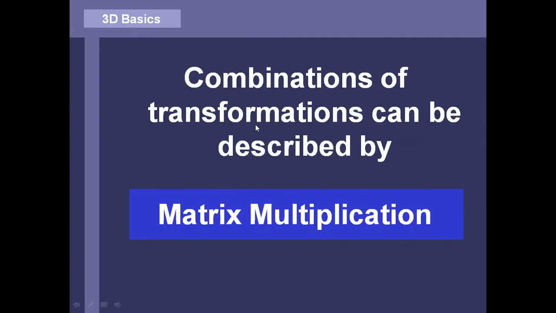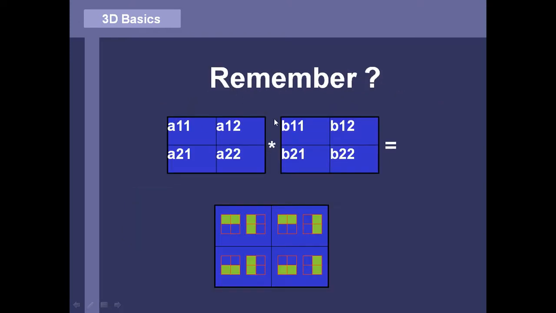So the combination of transformations can be described by matrix multiplication. How? Remember, we have this simple matrix A11, A12, A21, A22, multiplied by B11, B12, B21, B22. So this will result in, I'll just do it once, A11 into B11 plus A12 into B21.